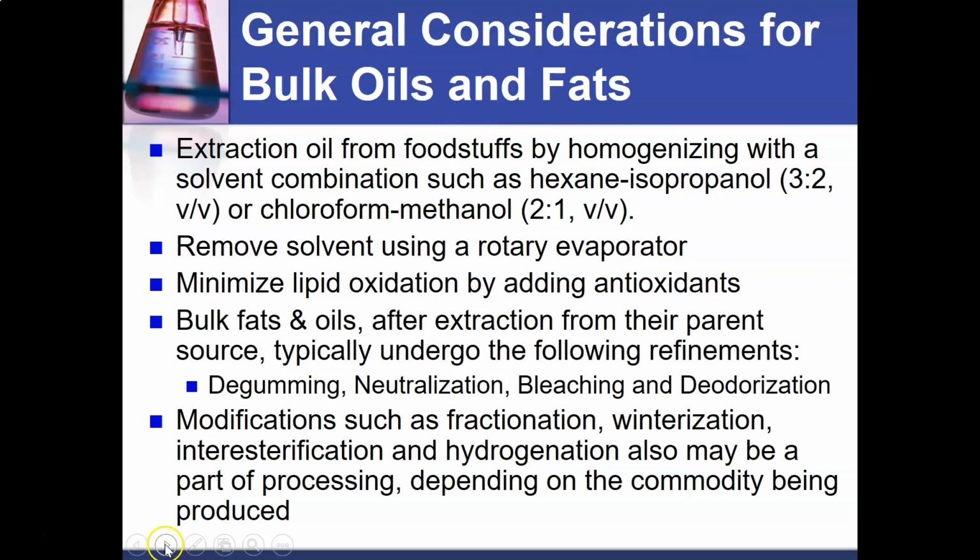Interesterification, sometimes you do this because you want to modify the fatty acid content, or maybe you can do hydrogenation because you want to get rid of the double bond, you want to replace the double bond with hydrogen. So it depends on what you want with the lipid or with the oil.